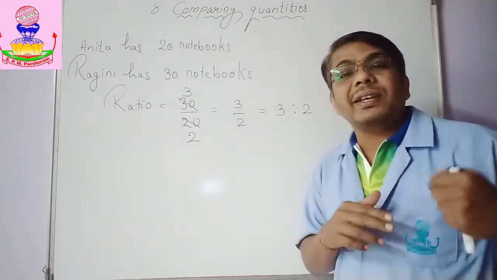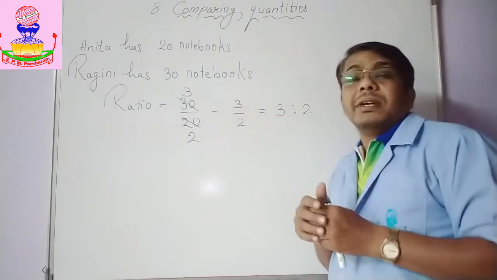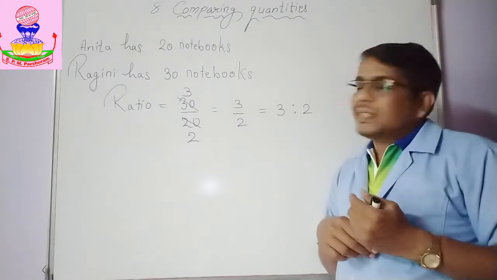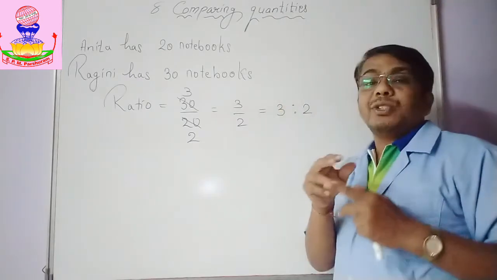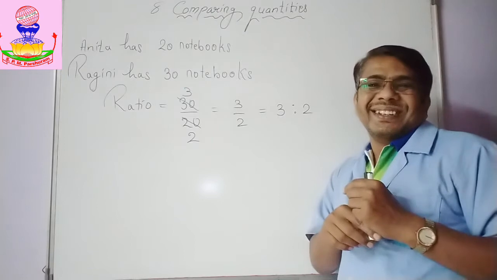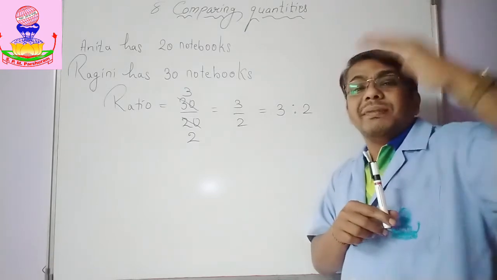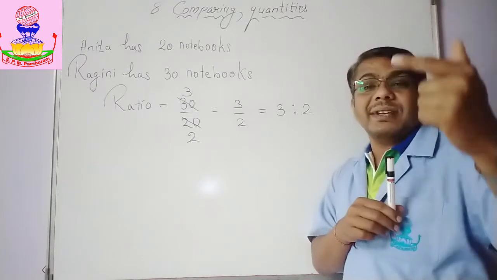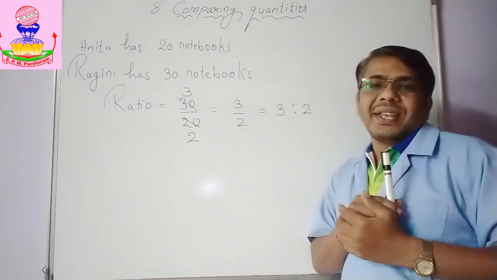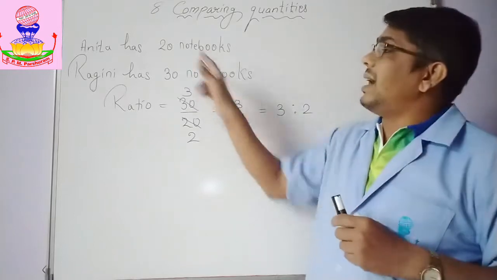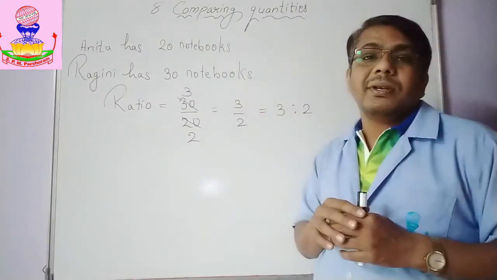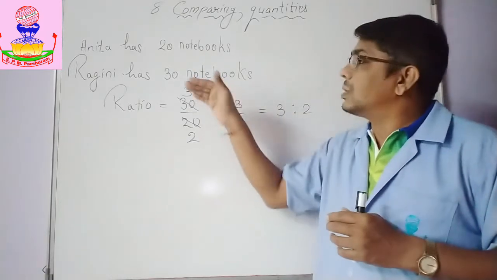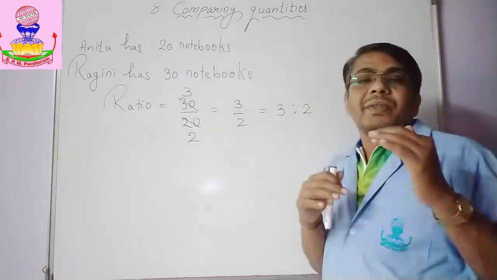Now, why I have said here parts and first I have said times. See here, Ragini has more notebooks. So it goes on multiples. Right? So at that time we say times when it is more. And when it is smaller, Anita has lesser notebooks as compared to that of Ragini.